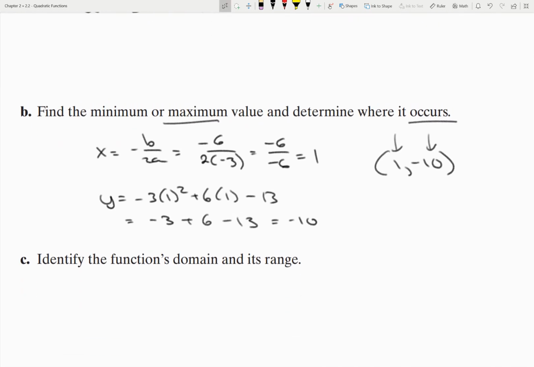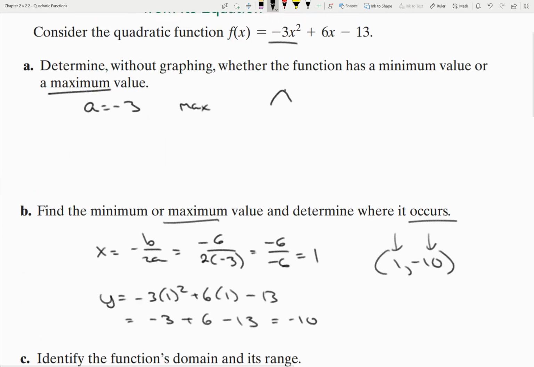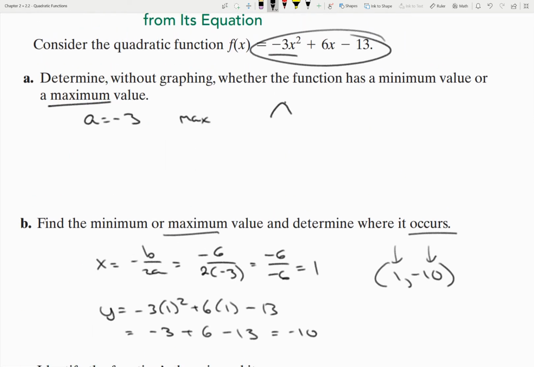Find the function's domain and range. Haven't really talked about this in this section yet, but if you recall from the section with all the parent functions, the domain of a parabola is always all real numbers. And that makes sense because if we look at the function, there are no variables in the denominator to make a discontinuity. There are no radicals to give me something that's undefined.